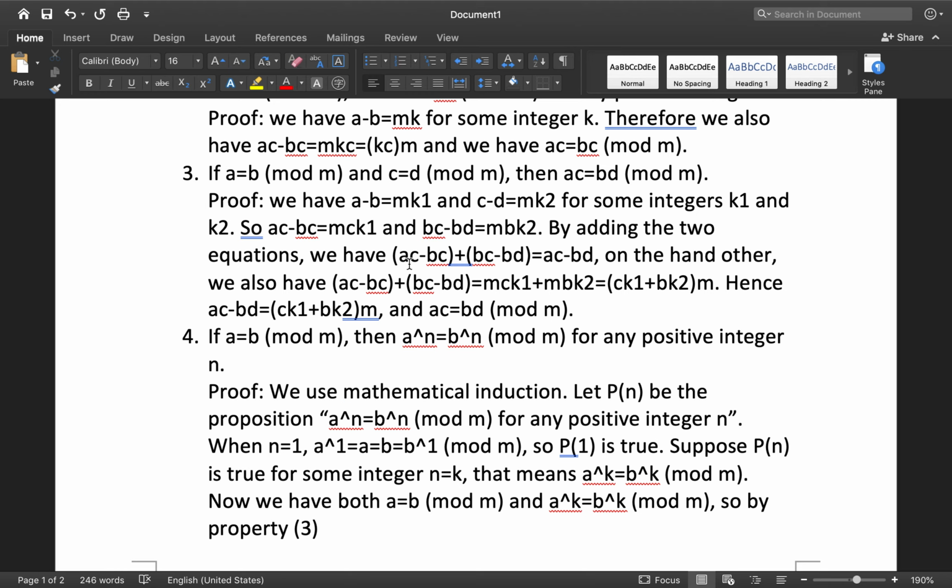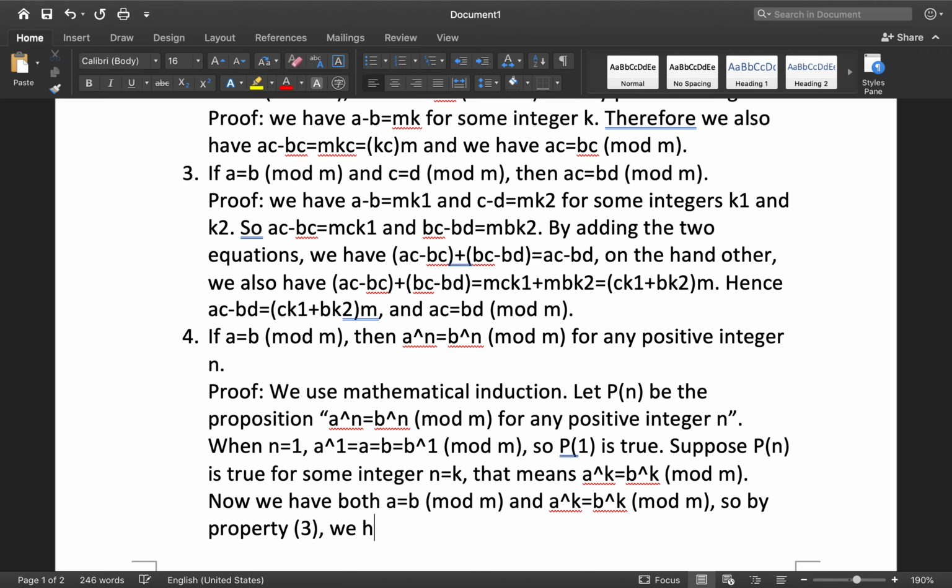Now how do we use it? Because you have a congruent to b, from property 3 you can take c equal to a to the power k, and d equal to b to the power k. Then what you can get is this.